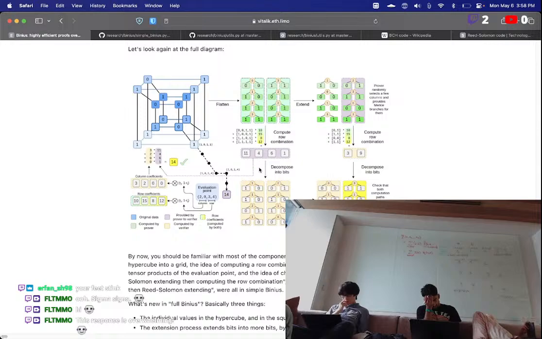See, order of operations matters here. 15 is 1, 1, 1, 1, right? 15 is 1, 1, 1, 1. Yeah. Oh my god. Okay, just keep messing this up. So this is.